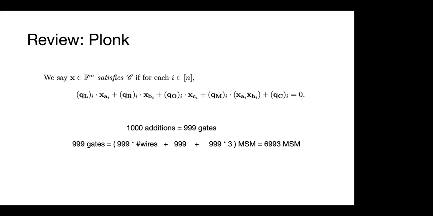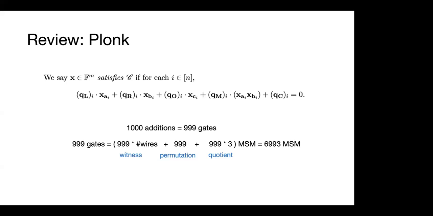For example, when you have 999 gates, you will be paying a cost. Now we focus on the MSM because that's usually the dominating cost. You will be spending 999 times the number of witness polynomials. This will be the part of the work that you do in MSM for the witness. You also will do that for the permutation, and you will also do that for the quotient polynomial.